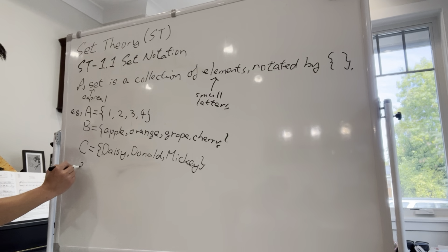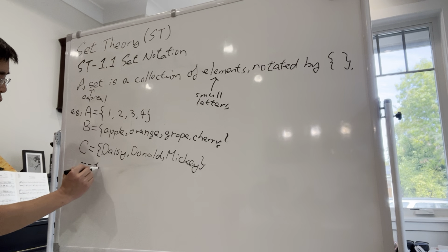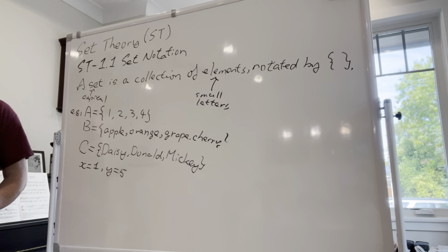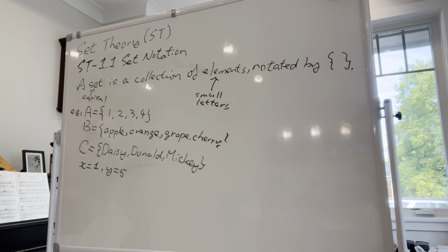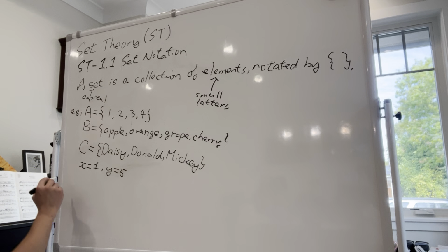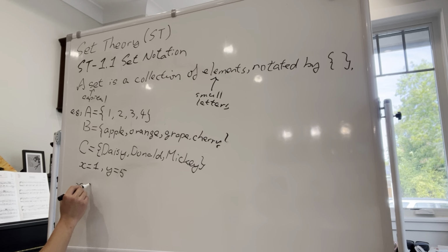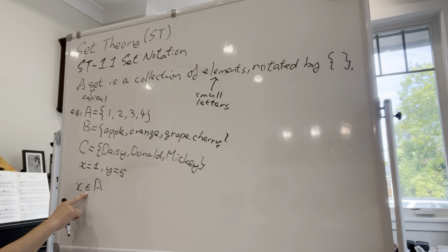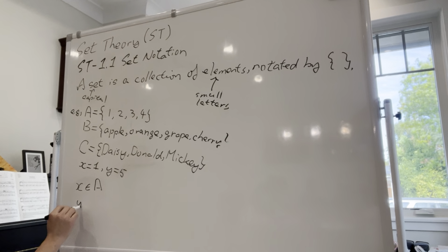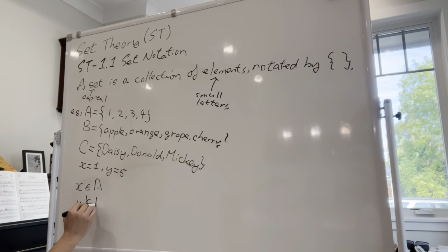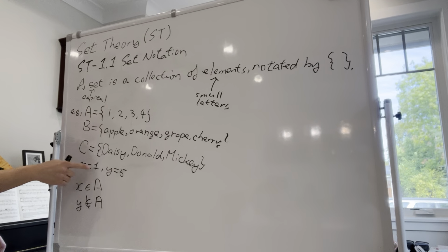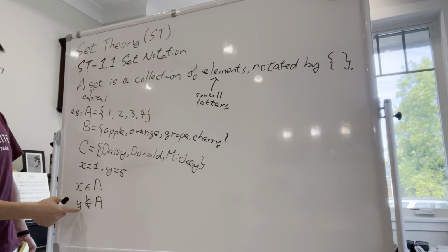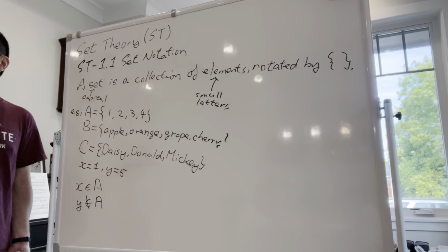If I say x is equal to 1 and y is equal to 5, as an example, there's a new notation that says x is inside the set A, whereas y is not in the set A. Because 1 is one of the elements, and 5, which is y, is not one of the elements.